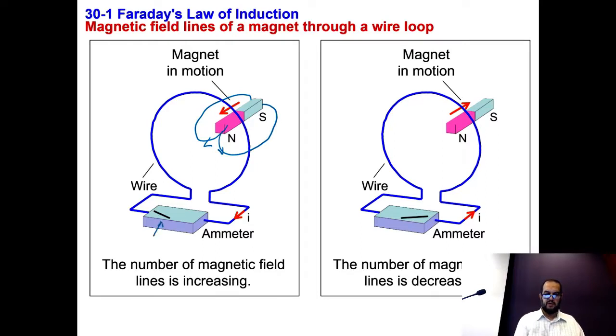This is a negative current. It's opposing this increase. Now, if we move it away, the number of field lines, and hence the magnetic flux, is decreasing. When the magnetic flux is decreasing, it will oppose this change, so it will generate a current in the opposite direction.